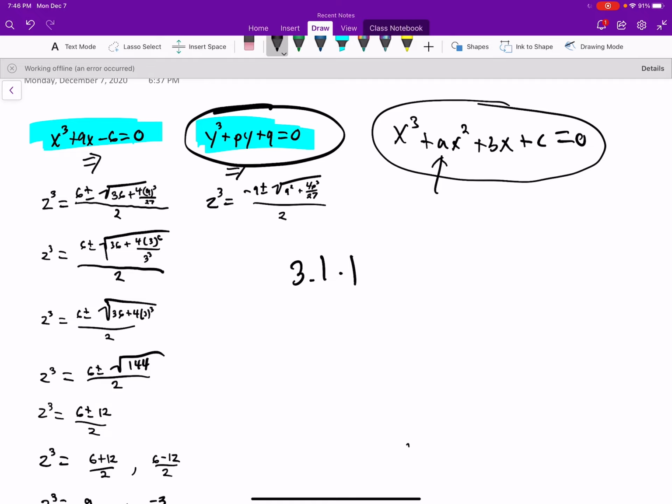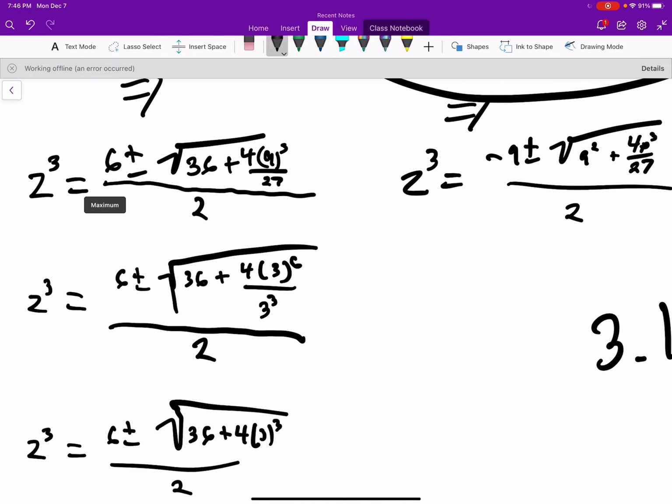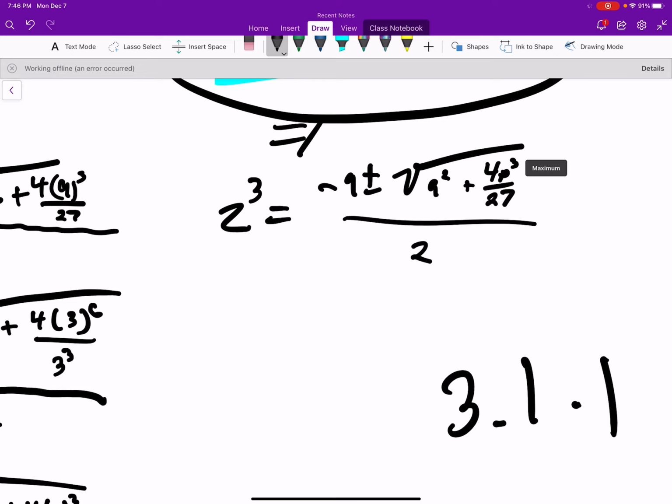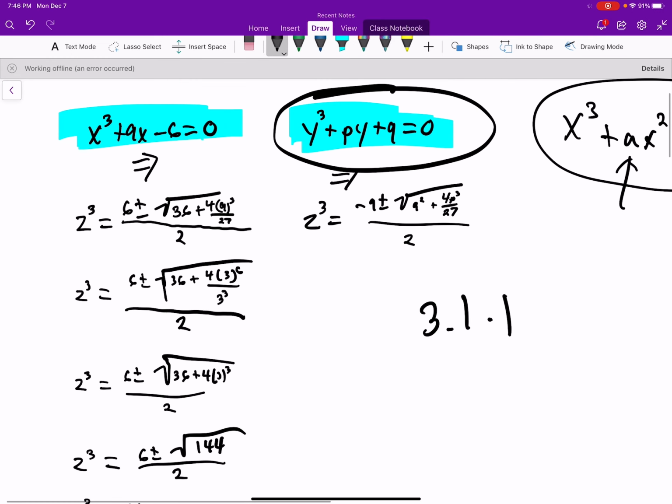Okay, so first thing I do is use this equation right here. So if you have this right here, then you get this equation here, and then from there you will get 3 values, z1, z2, z3. Okay, let me talk more about that.